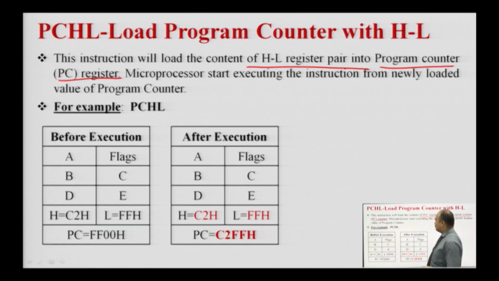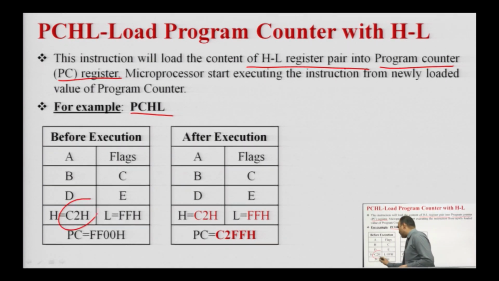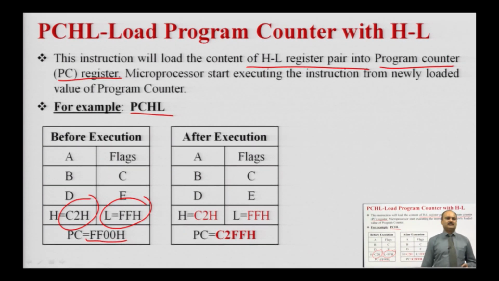So, before the execution of the instruction PCHL, let the H register have C2H and the L register have FFH, and the program counter have the value FF00H. This is the case before the execution of the PCHL instruction. After the execution of this instruction, the content of the HL register is loaded into the program counter.